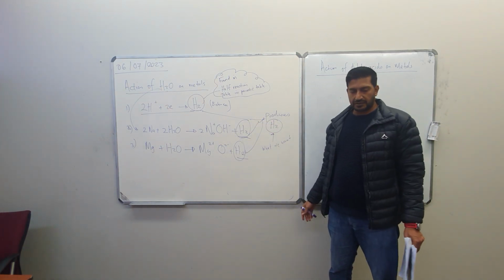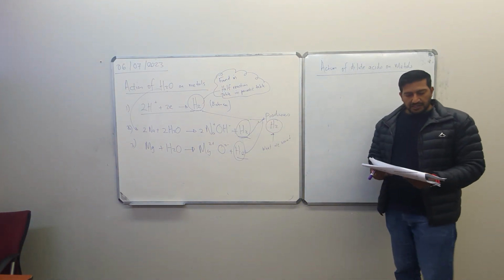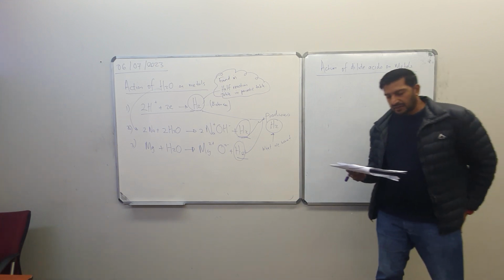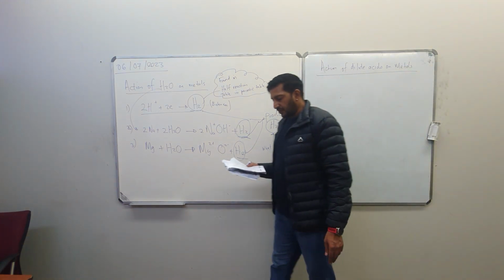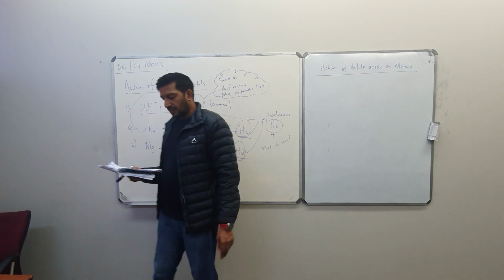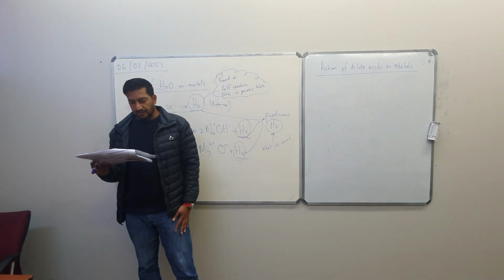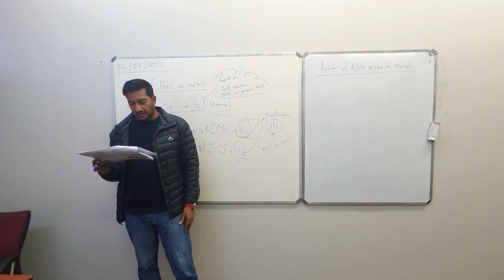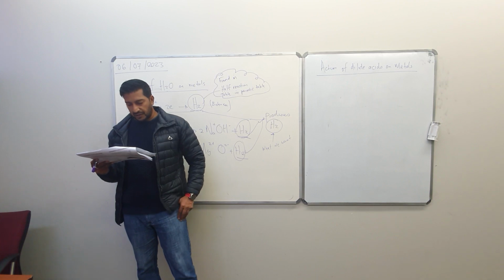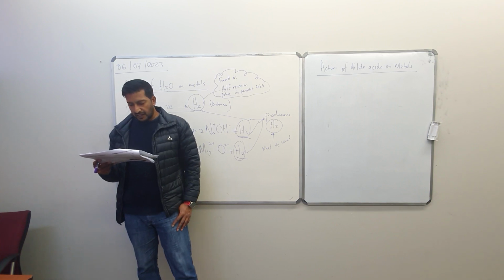So the next one we'll be looking at is the action of dilute acids on metals. This again is a reduction of hydrogen ions. All metals higher than hydrogen in the electrode potential series react with dilute hydrochloric and sulfuric acids to give hydrogen.